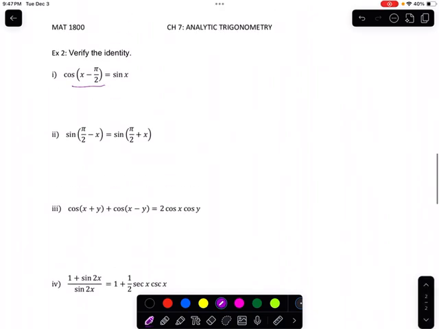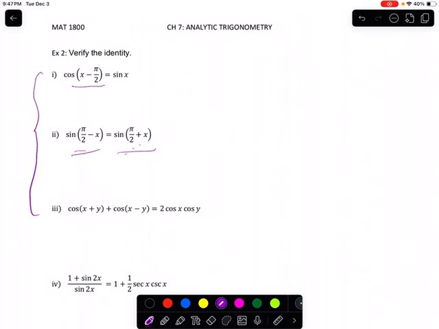So these first three should be pretty simple. You should be able to do them. I mean, in the case of the second one, it doesn't matter whether you start with the right side and show the left side, or start with the left and show the right.